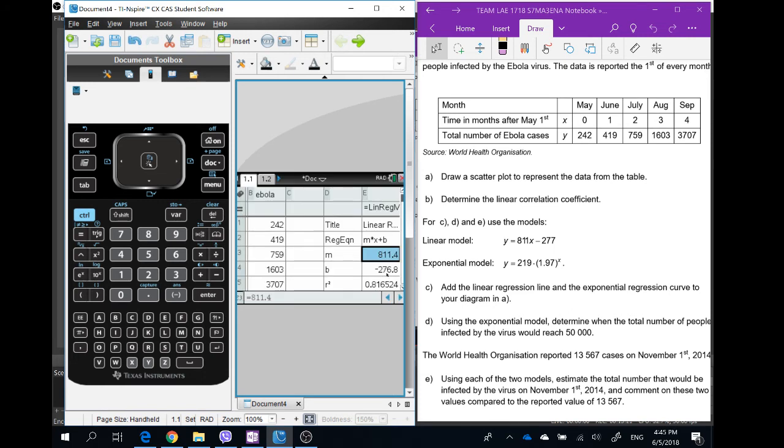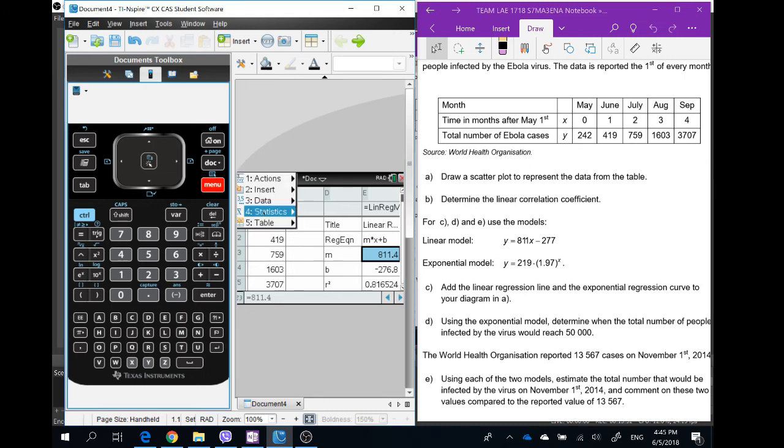This is it. But in order to find the exponential line: menu, statistics, stat calculations, exponential regression. Something happened here with the calculator.